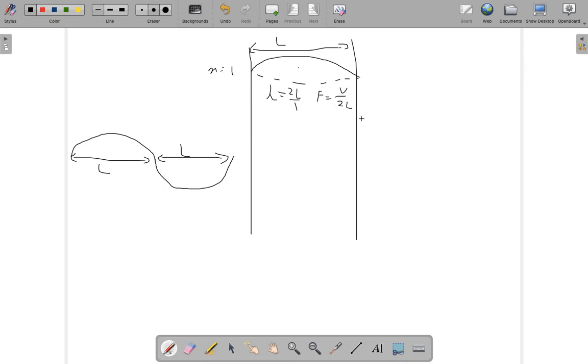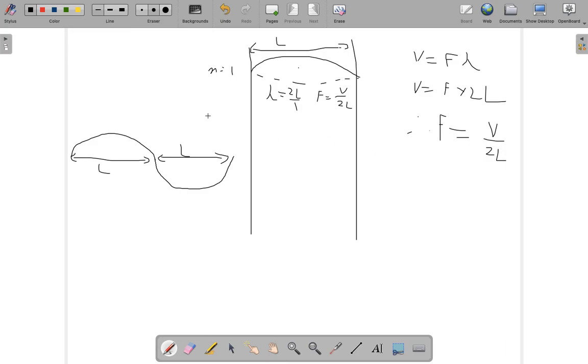And why does the frequency equal that? Well, we have V equals F lambda. We know lambda equals 2L, so V equals F times 2L, so therefore F will equal V over 2L.